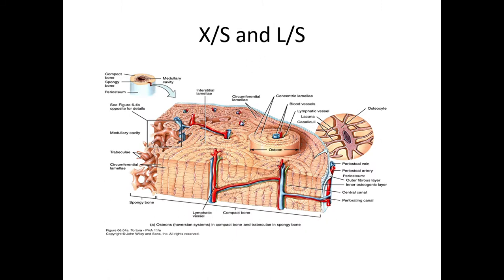We have here another illustration of the cross-section and longitudinal section of a bone tissue. On the surface, we have the different Haversian systems. I would like you to focus on the Haversian system that illustrates the concentric arrangement of the lamellae of the bone tissue, and at regular intervals we have a cavity, and within the cavity we have the osteocyte.